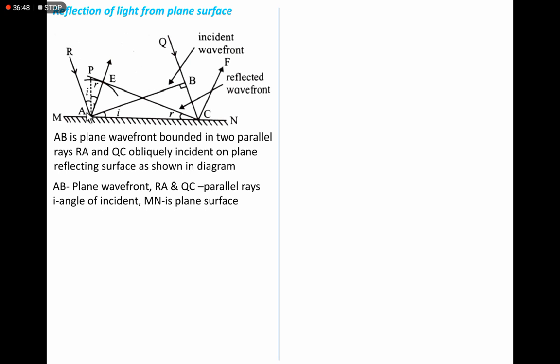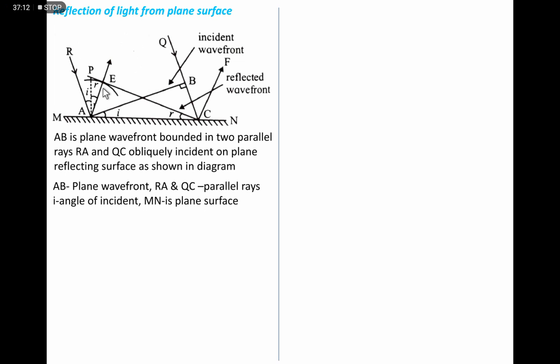and according to the Huygens principle, this becomes the secondary source of light, and it starts to emit secondary waves in all possible directions, in the same medium.